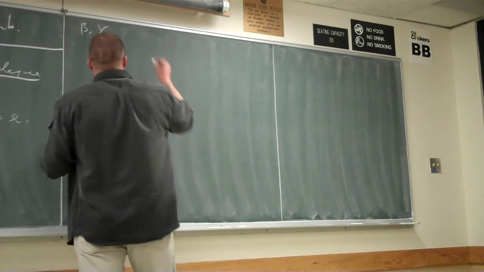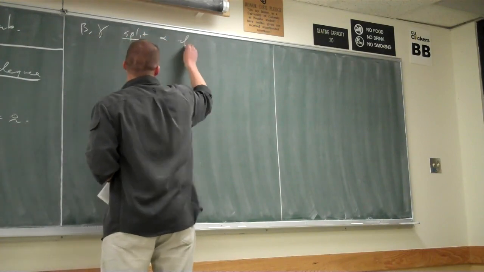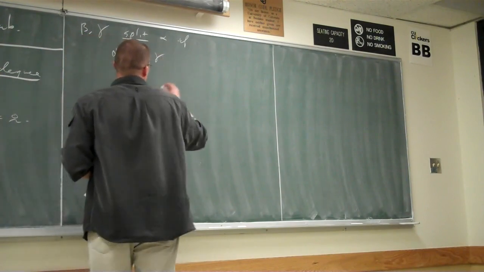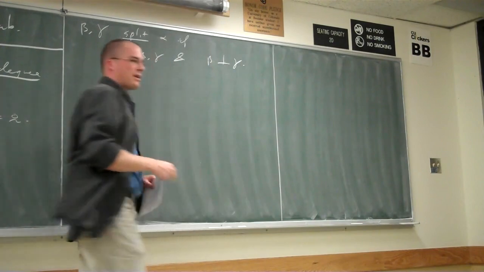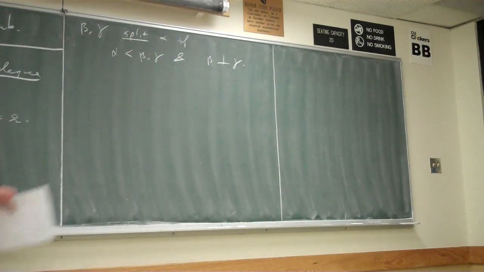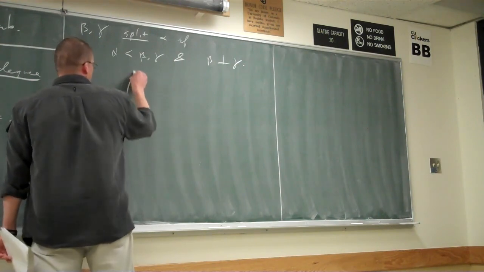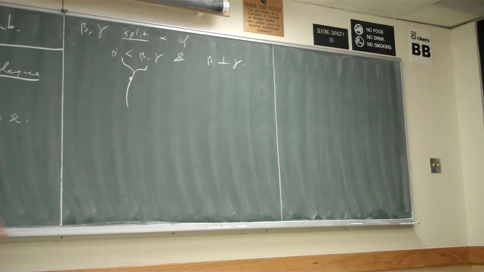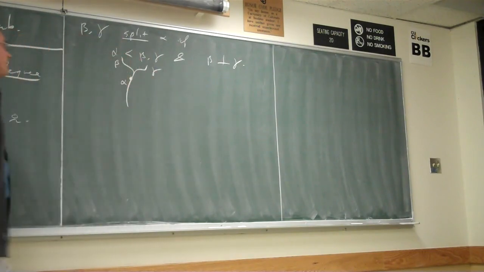So beta and gamma split alpha if alpha is an initial segment of both of them and they're incompatible. Nothing special. Here is alpha and then there go beta and gamma, right? They split in exactly the way the picture explains.